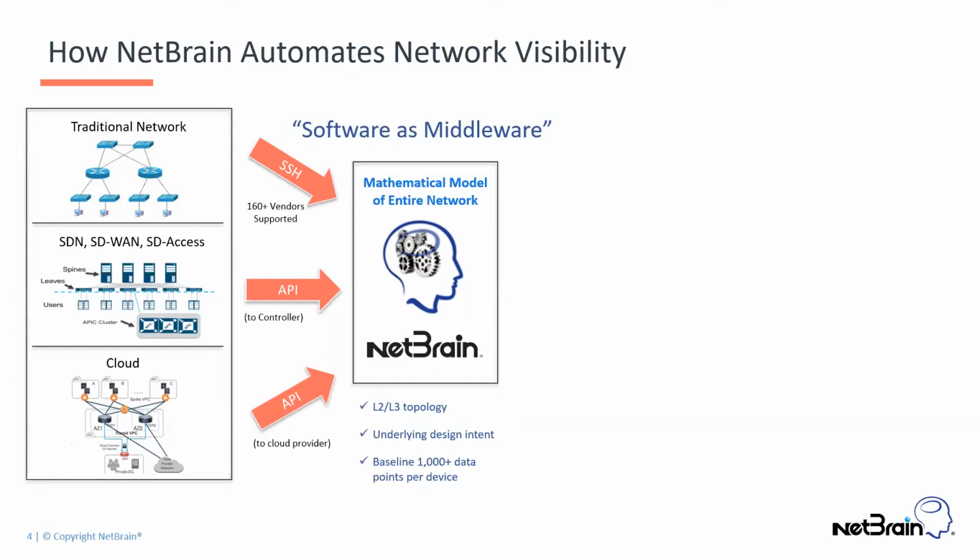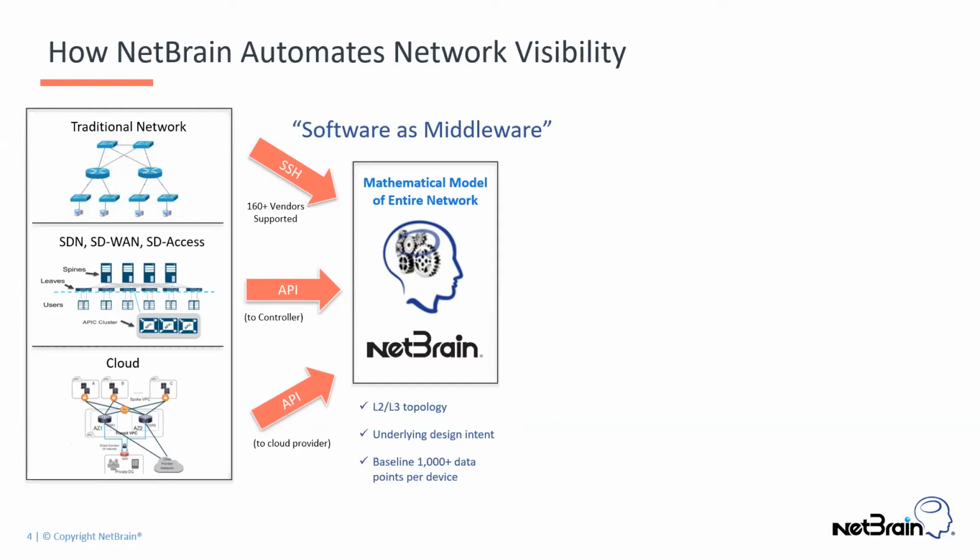And also discovered and baselined are thousands of data points across your end-to-end environment. Items such as security filters on firewalls, BGP or OSPF or other routing protocol details, device health information such as CPU, memory, network interface statistics. And all of these baseline calculations are powered by NetBrain's intelligent AI-guided algorithms.